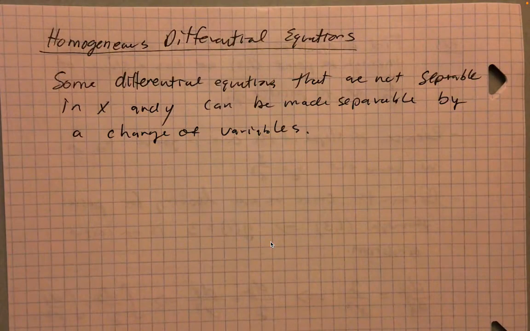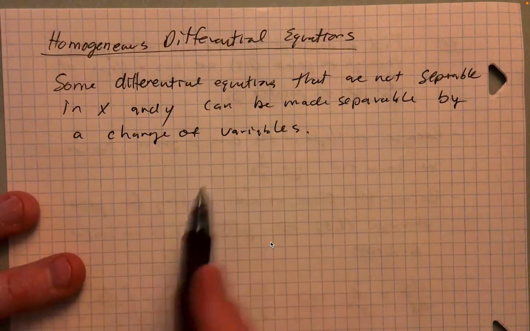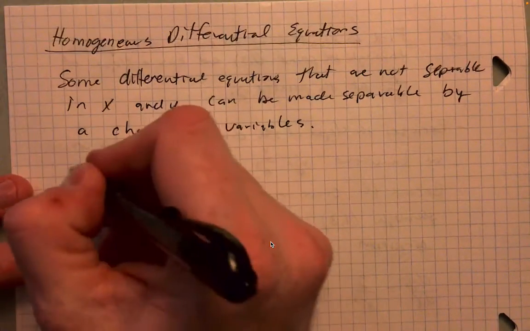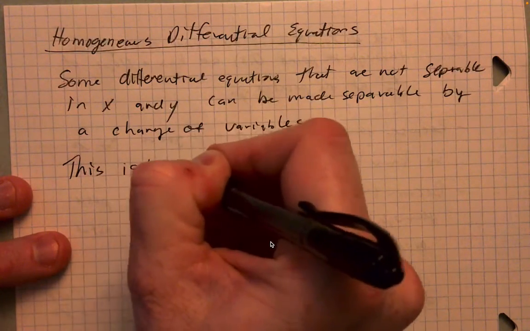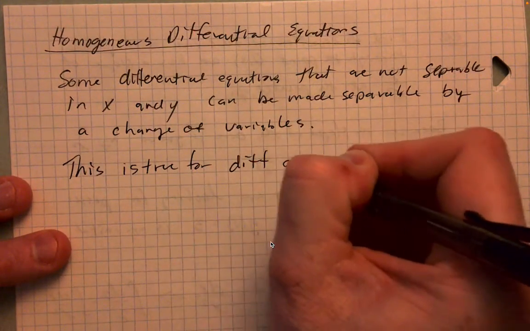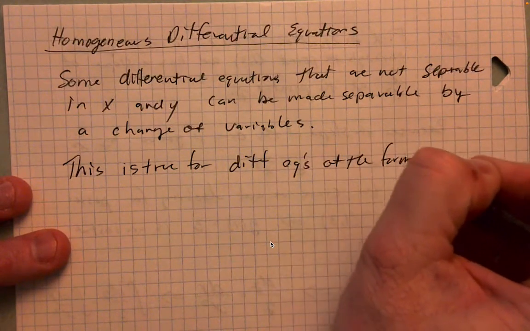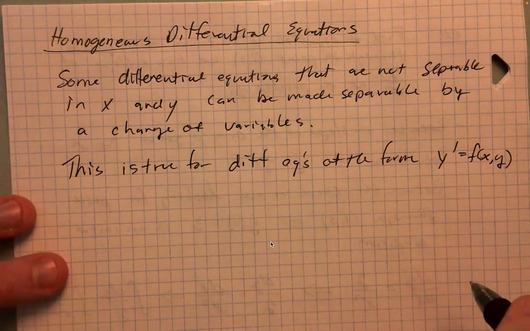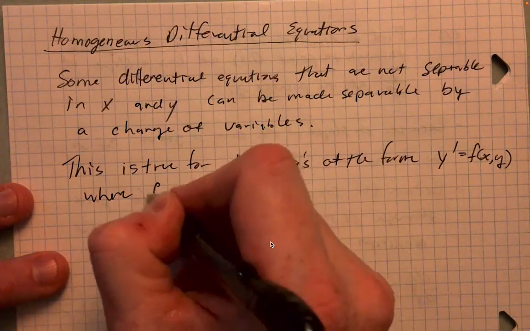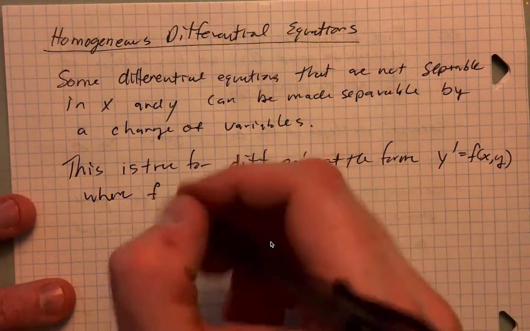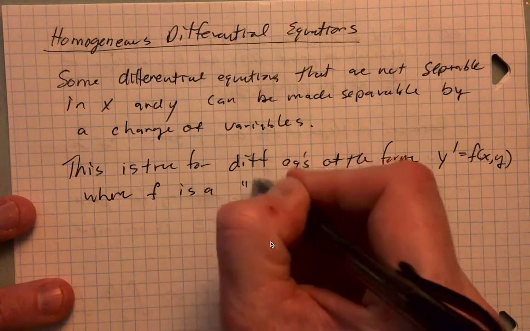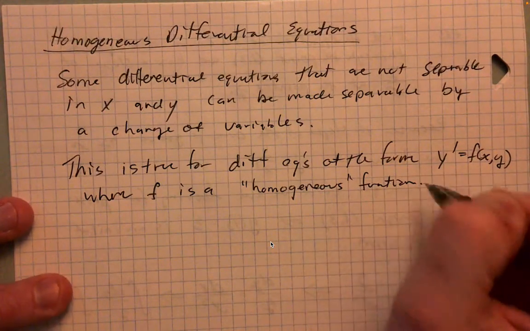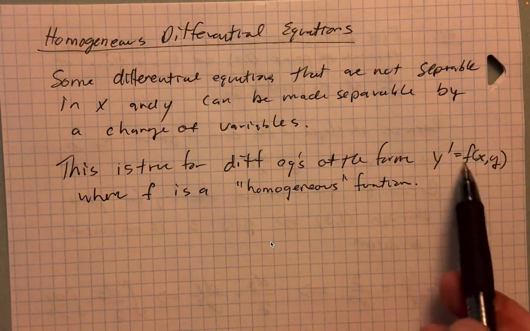Okay, so this is the scenario that we encounter for differential equations of the form y prime equals f of x, y, where f is what's called a homogeneous function. Okay, right, so the form here is y prime equals f of x, y.